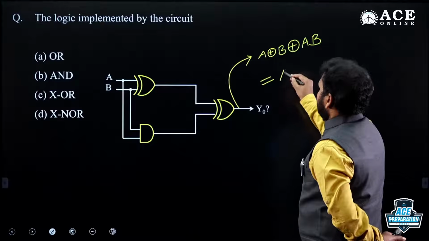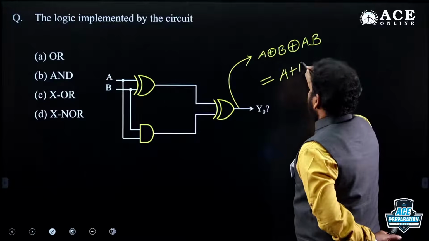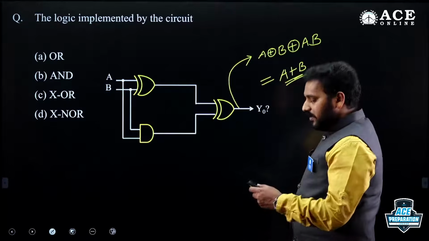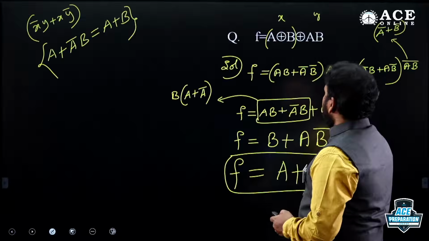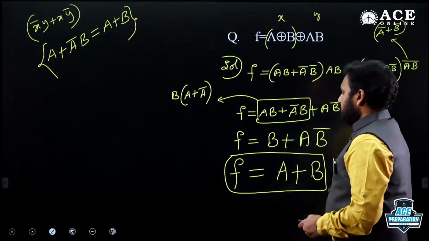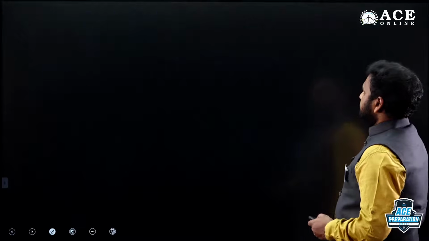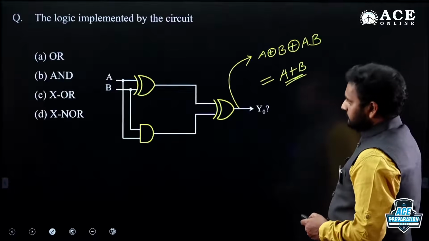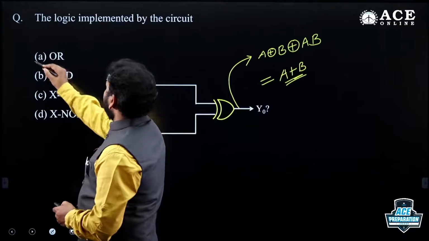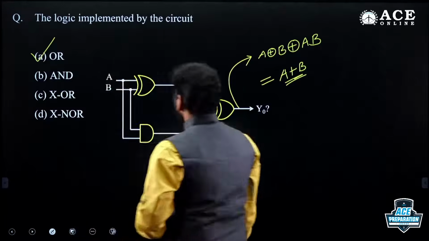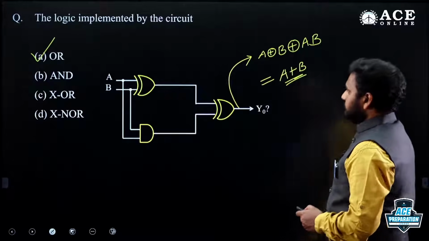What is this? A plus B. Already we have solved it. Yeah, this one. A XOR B, XOR AB, A plus B. So this is actually acting as what? A plus B, OR gate.